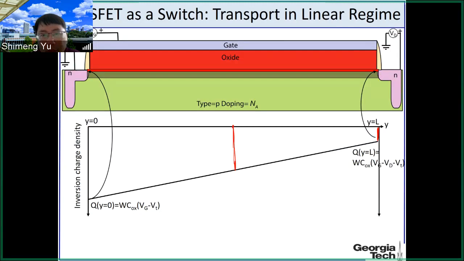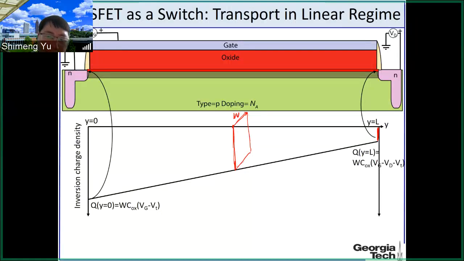One is how many charges are there. The other one is how fast they move. So if we look at the middle of the channel and we think about the cross section, here we draw the third dimension, that is the W dimension, the width. So think about this as in and out of the plane.